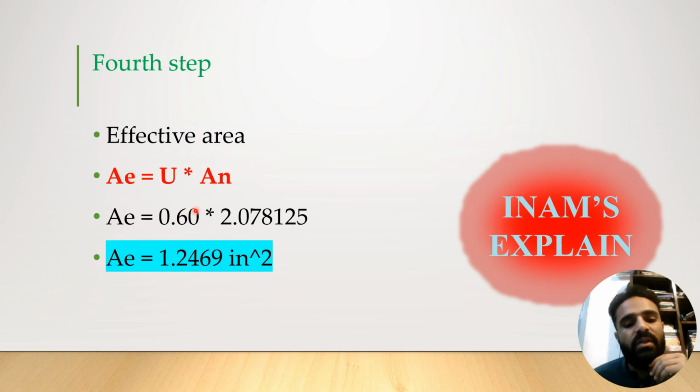So here the effective area is U, which is 0.60 as we found in the last slide, times the net area we found, which is 2.078125 inch squared. After multiplication we get the effective area, which is 1.2469 inch squared. This area will be used in the design of tension for the fracture limit state.